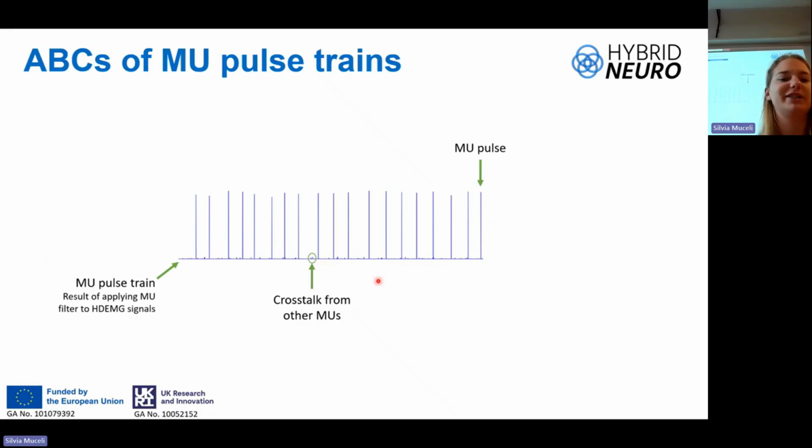Usually noise is also present in the pulse train, and that noise can be either physiological, like in this example here, where it's caused by crosstalk from other motor units, or in some other cases, it can be instrumental, or it can be caused by poor skin-to-electrode contact.